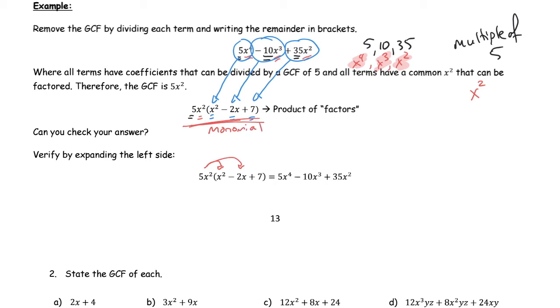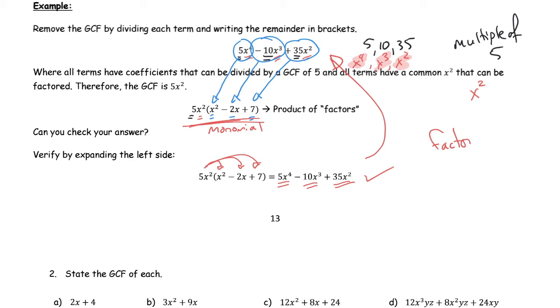But if I want to check this out, I'm going to multiply out the factors by simply distributing that 5x squared through that trinomial. 5x squared by x squared is going to be 5x to the 4. Okay, that's good. 5x squared multiplied by negative 2x is going to be negative 10x cubed. Okay, that's good. 5x squared times 7 is going to be 35x squared. So yeah, that works. I go right back to the original, and that's okay.